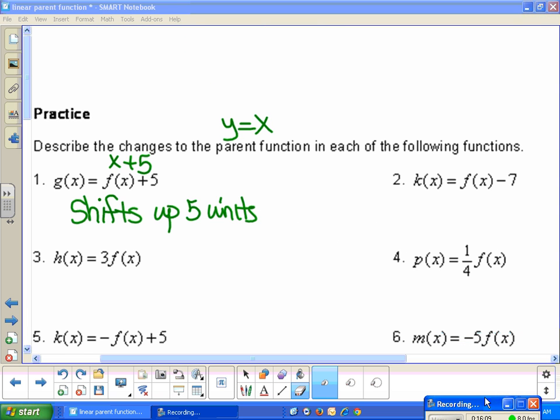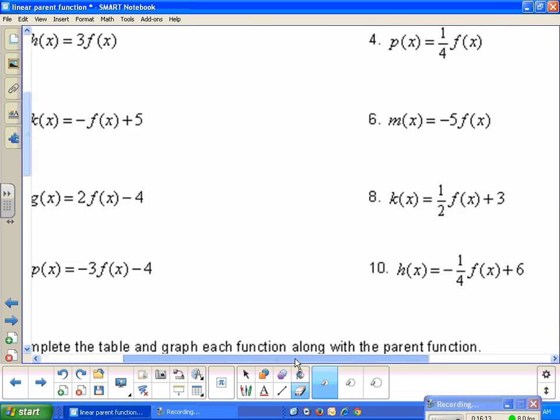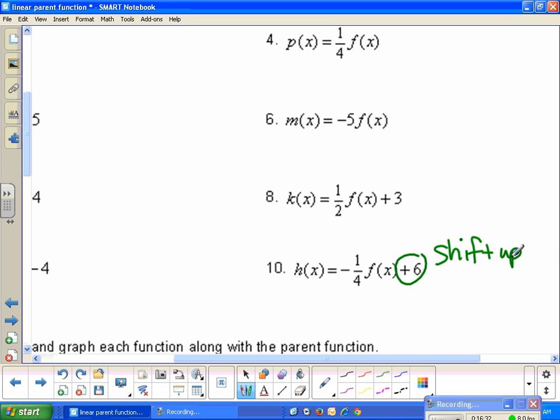Then just one change. Look down here at number 10. Negative 1/4 is f of x plus 6. What's the plus 6 going to do? Okay, so this is going to shift up 6. What does the 1/4 do?